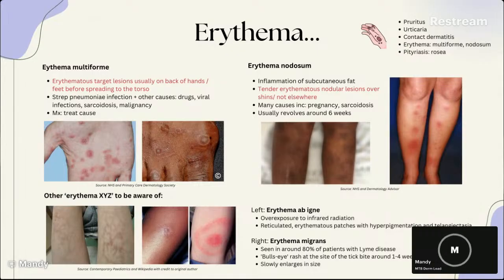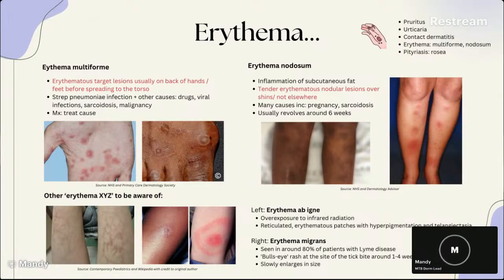Compared to on the right hand side, in the lower right, you can see erythema migrans, and it's a bullseye rash that's at the site of a tick bite, usually when it's seen with Lyme disease. That usually occurs around 1 to 4 weeks after, and it slowly enlarges in size.